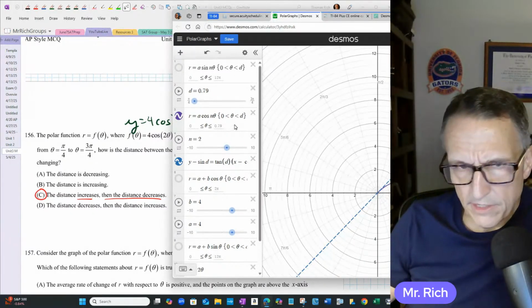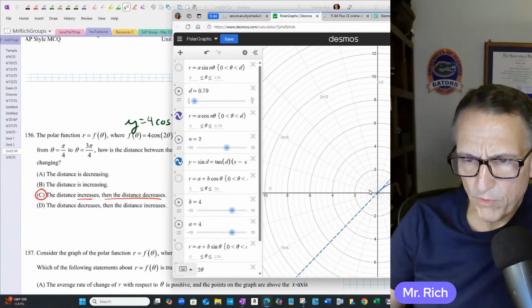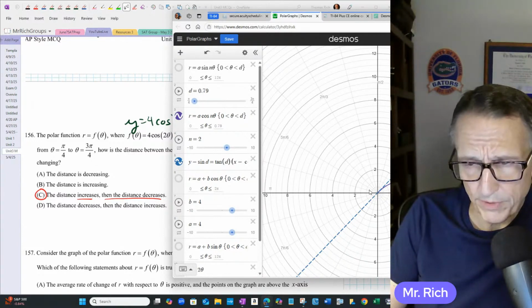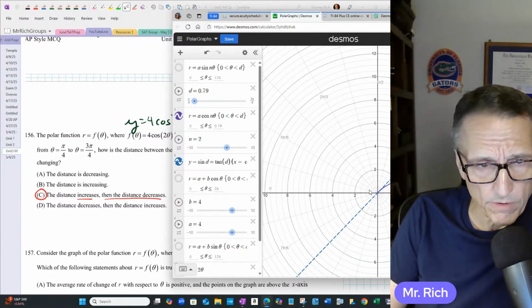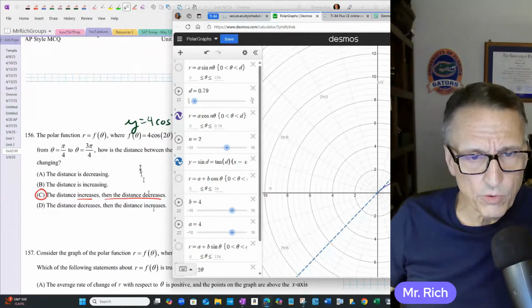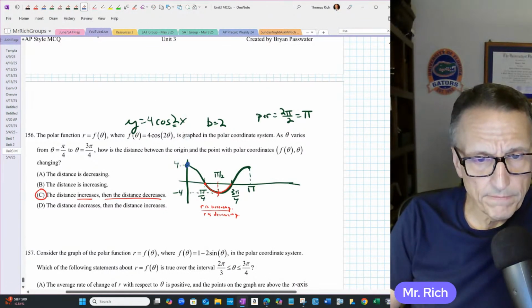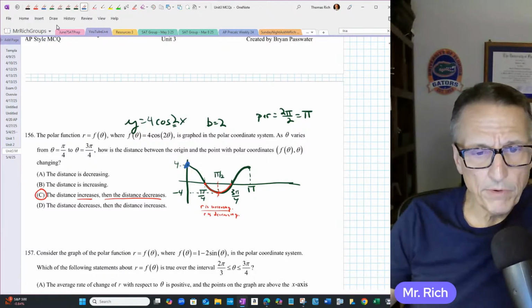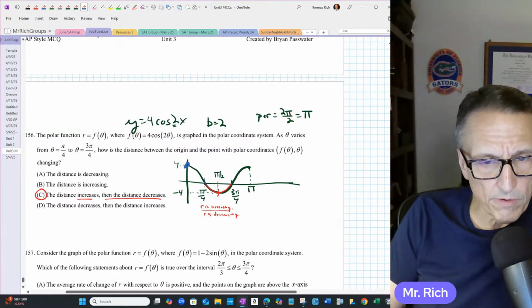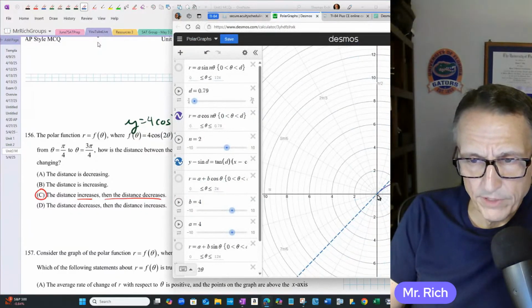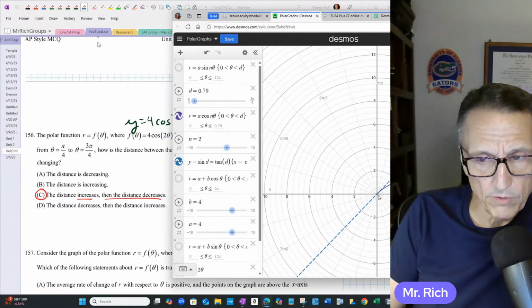So this is really where we're starting right here. This is where the function starts when theta is 0 at 4, which again is going to correspond to being right here. Okay. But when we get over to pi over 4, that's when we have returned in the graph all the way here to the pole.